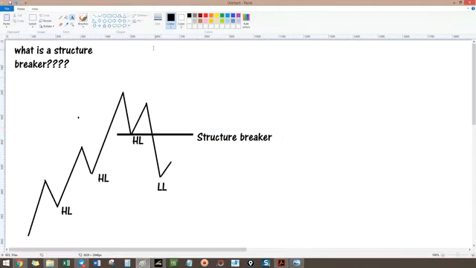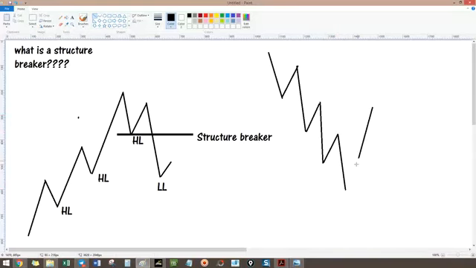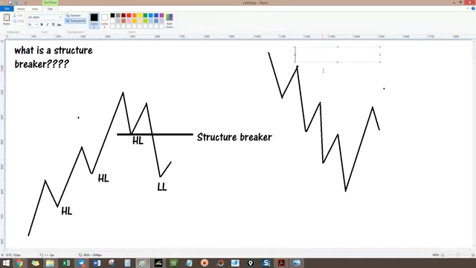Okay. So for a downtrend, it will look something like this. 1, 2, 1, 2, 1, 2, and a 1, and a 2, something like this. All right, this is a lower high, lower high, lower high, lower high.